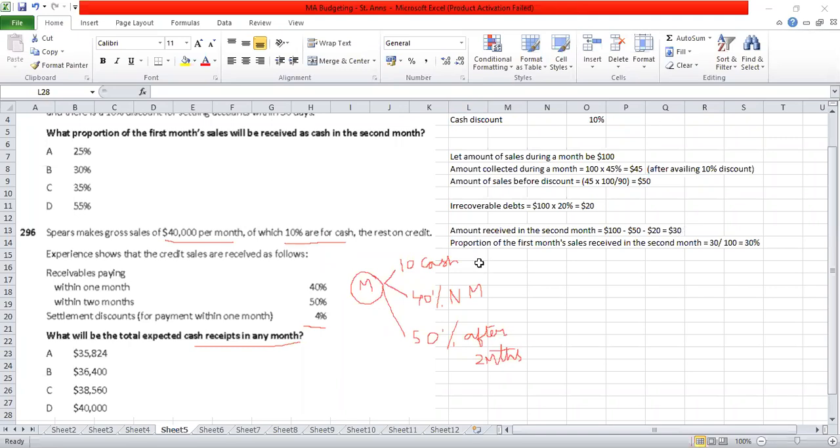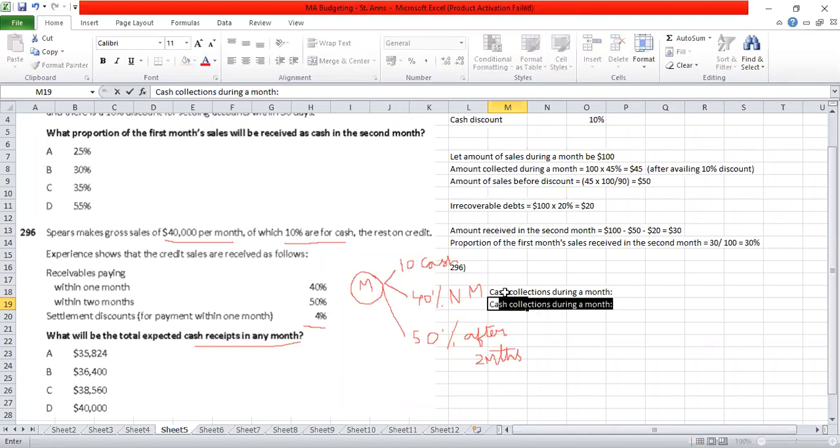The solution is for question number 296. Cash collections during a month. So first part of it is 10% is received in cash.